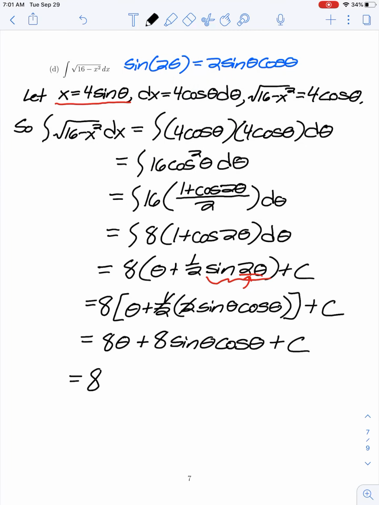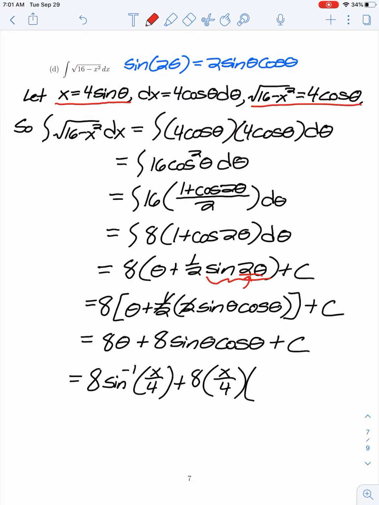In solving for theta, well, I would take the arcsine or sine inverse of that ratio, x over 4. Then we have plus 8 times sine of theta, which we just said is x over 4 using our substitution, times cosine of theta.